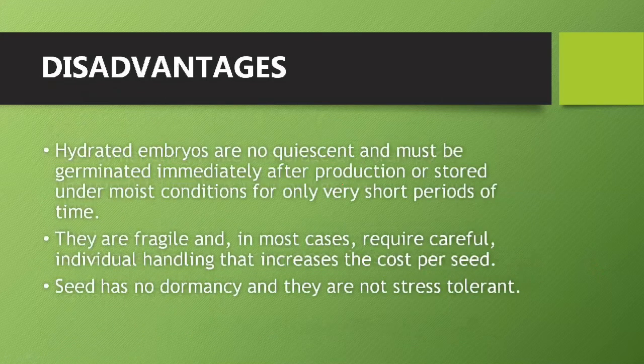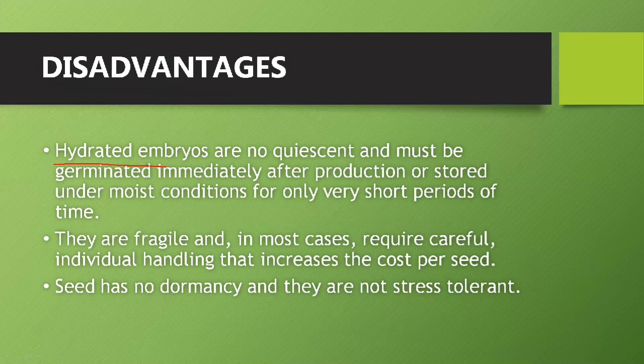Now, what are the disadvantages of artificial seeds? There are many advantages, but there are some disadvantages of artificial seeds. The first disadvantage is that hydrated embryos are not quiescent and must be germinated immediately after production or stored under moist conditions for only a very short period of time.